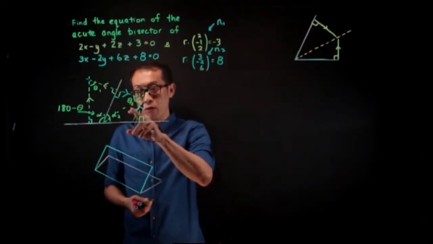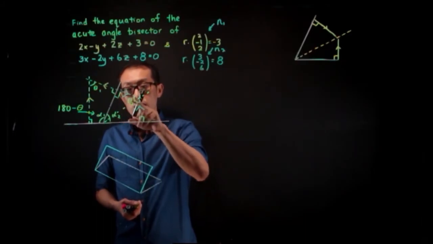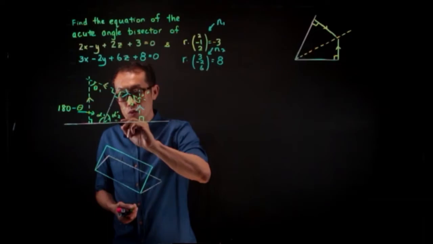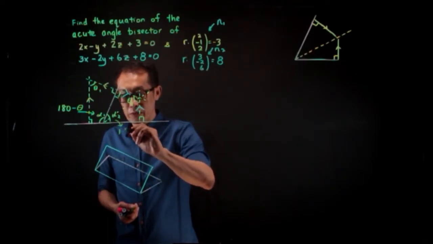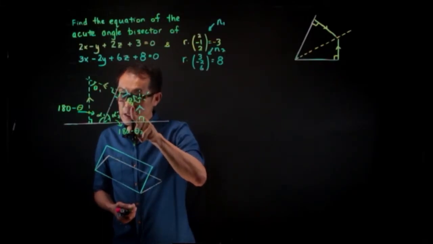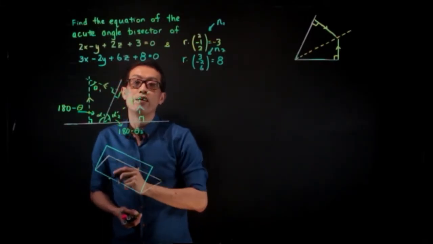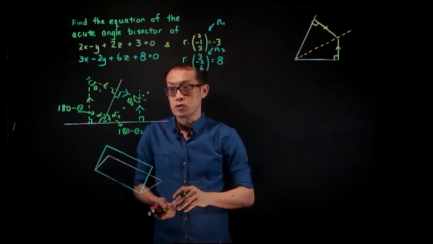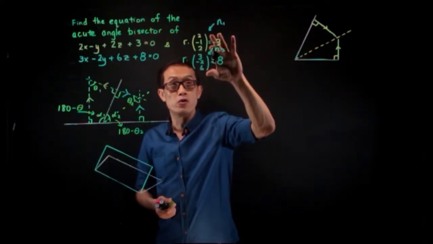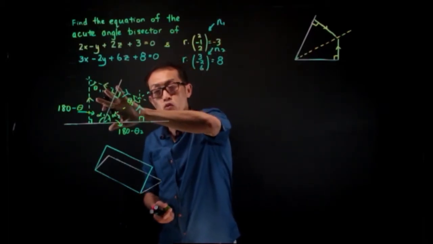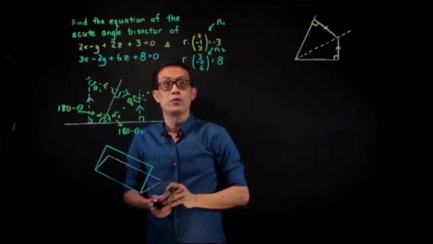Likewise, if the angle between the two normals is obtuse, then this alpha 2 will be 180 minus theta 2. Now if this is obtuse, then alpha 2 will be acute. So let's look at these two scenarios, with these two normals, whether the angle between the two normals is acute or obtuse.